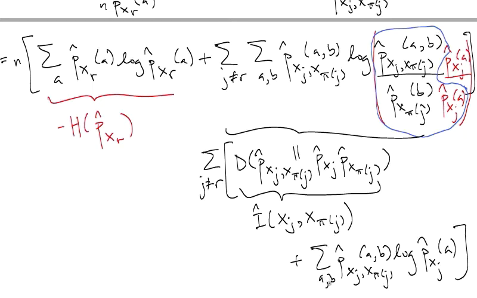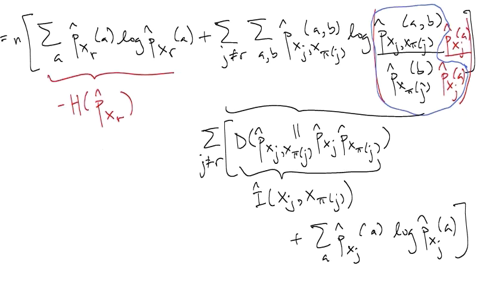We can actually sum over b first, and if we sum out over b, this thing will just become the marginal over just the part that depends on a. Again, an empirical distribution is still a distribution. So in particular, an empirical joint distribution, if we marginalize out b, we just get what remains for a, which is the empirical marginal distribution for xj, evaluated at a.